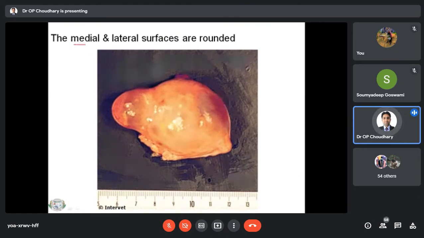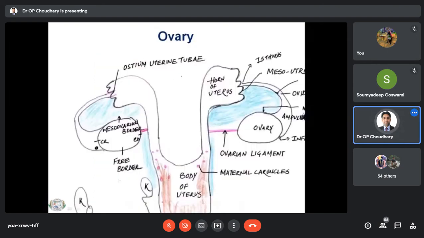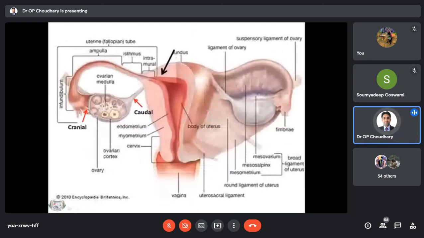The medial and lateral surfaces are on either side of the ovary, and these surfaces are smooth and rounded. Borders, I already told you, there are two borders, the mesoovarian border and the free border, and two extremities, the cranial and caudal extremity.